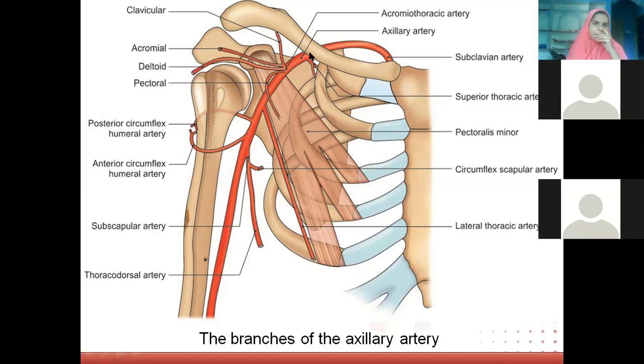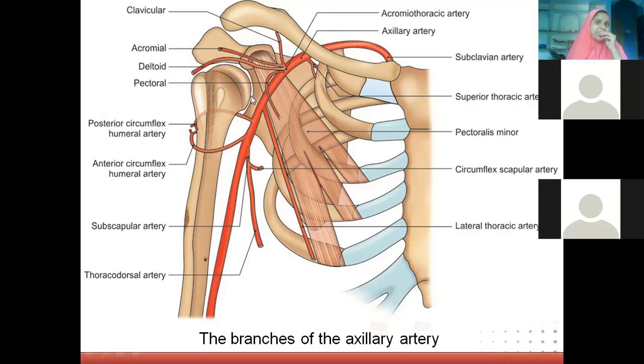We know the superior thoracic artery supplies the mammary gland. It also supplies the pectoral region, that means the skin, superficial fascia, a part of the platysma muscle, pectoral fascia, and the pectoralis major and minor muscles. Very small artery. That is superior thoracic.